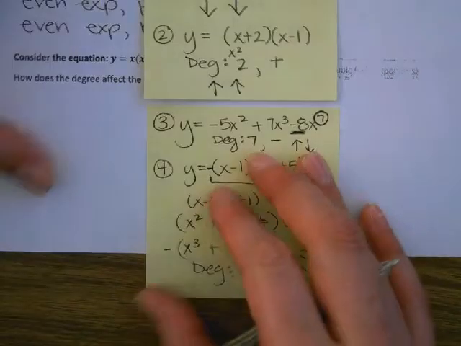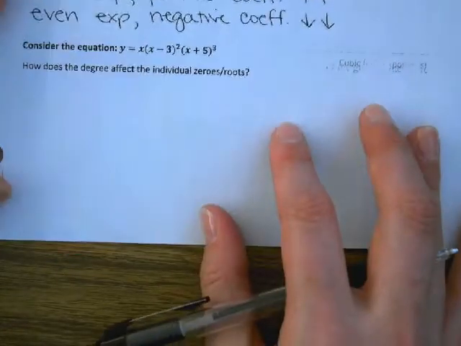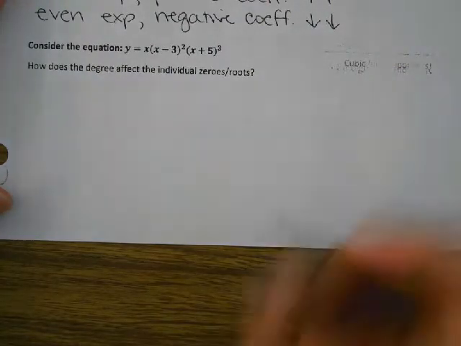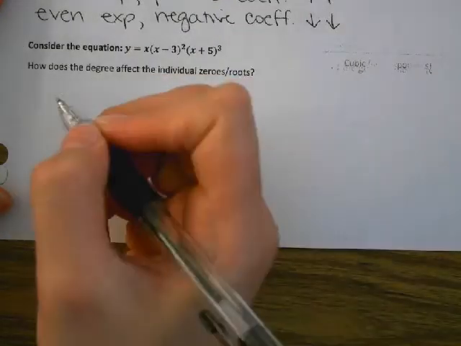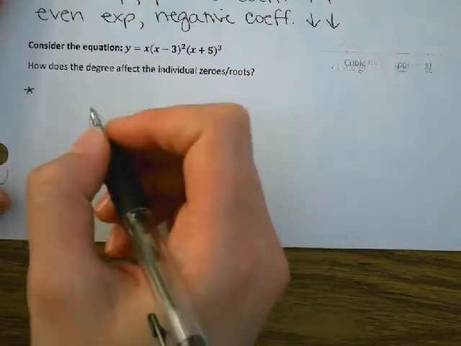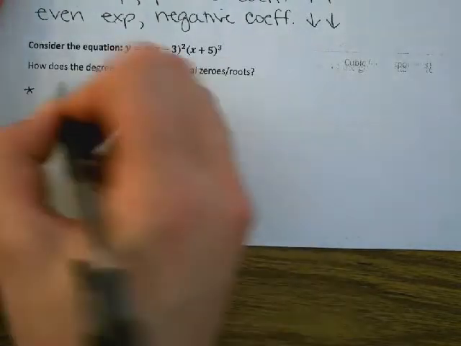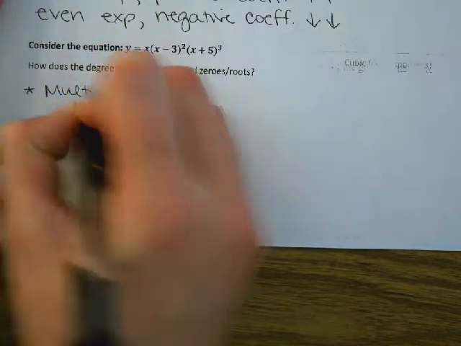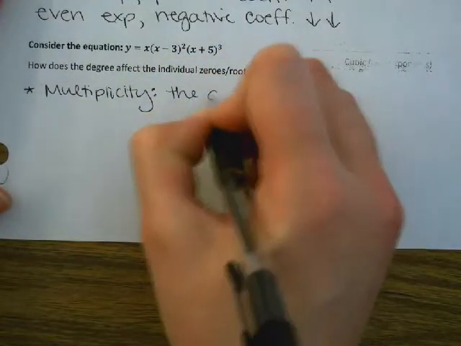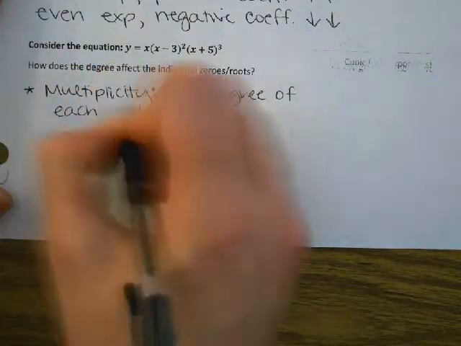Okay, so we're going to go back to these notes now. All right, so underneath, I want you to write that the multiplicity, this is a new word, multiplicity is the degree of each root.